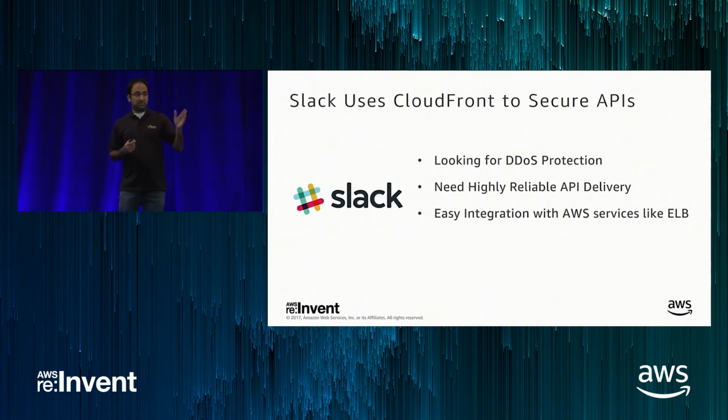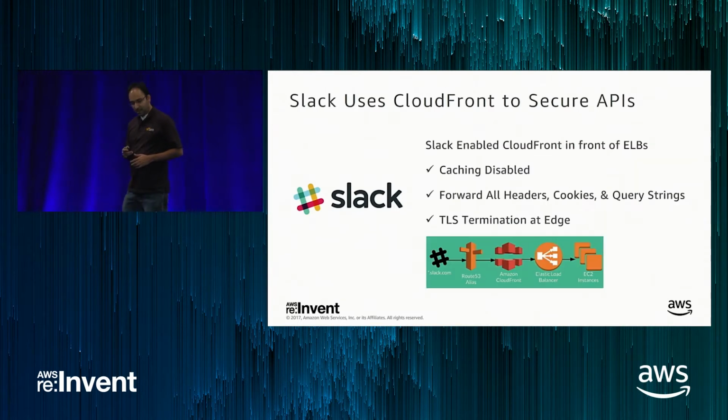And of course, Slack uses Classic or elastic load balancers for their APIs, and they wanted to make sure that any DDoS protection they enable is really easy to integrate with ELBs. Slack enabled CloudFront in front of the ELBs after learning that CloudFront automatically provides some of these built-in protections. And the most important thing that I wanted to convey today is how Slack deployed CloudFront.